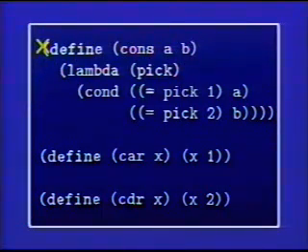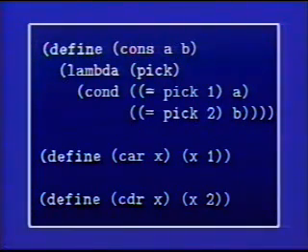Cons here is a procedure that returns a procedure, just like average-damp. Cons of a and b returns a procedure of an argument called pick. And it says, if pick is equal to 1, I'm going to return a. And if pick is equal to 2, I'm going to return b. And that's what cons is going to be.